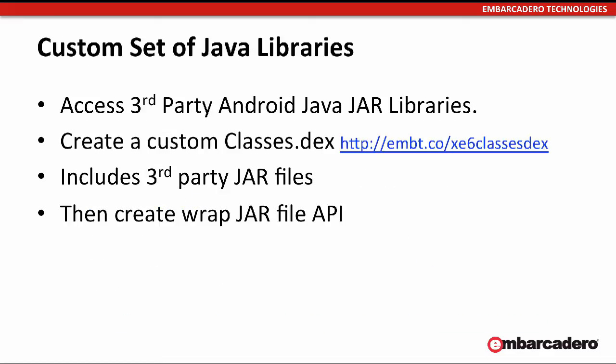Okay, so now let's talk about creating a custom set of Java libraries. This gives you the ability to access third-party Android Java jar libraries. So if you have a jar library that provides some sort of functionality, you can use the process defined there at that link, which is a link to the doc wiki, to create a custom classes dex file. Now, the classes dex file is the Java code that is executed when your application starts up.